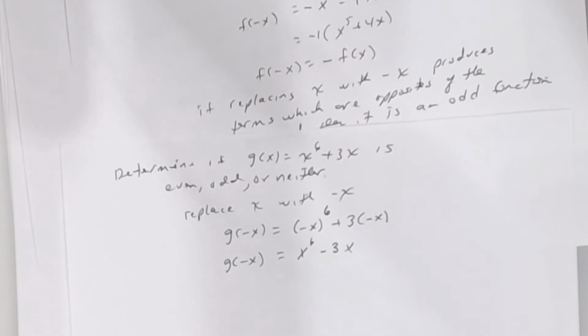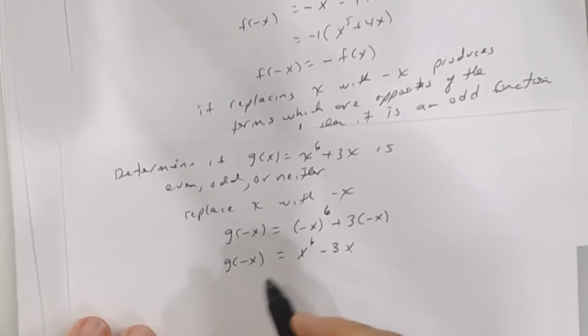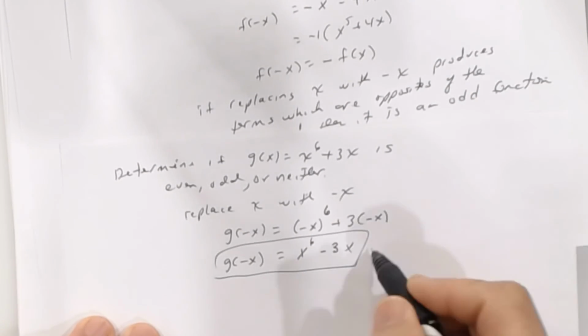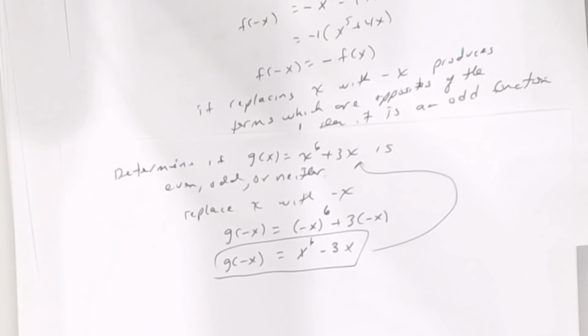Now what you do now is compare this with the original. Compare that with the original, just like the other two. Are the terms the same? No. But my question was, are the terms the same? The answer is no. Are all terms opposites of each other?